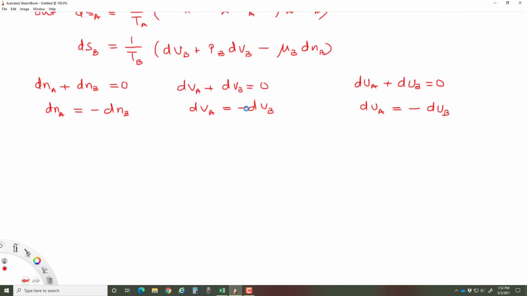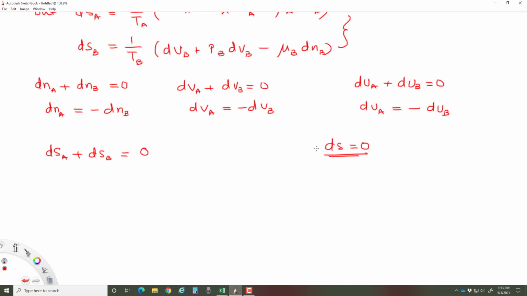So by combining these two equations with these three equations, we can write dSA plus dSB is 0, because dS is 0 when the states are in equilibrium.